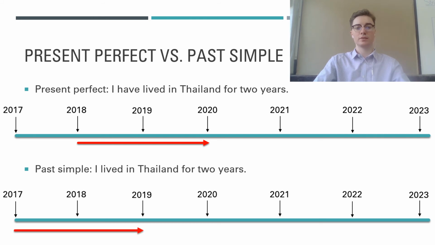So if you say, I lived in Thailand for 2 years, it means that you do not live in Thailand now. Maybe you lived in Thailand in 2010 to 2012. Maybe you lived in Thailand in 1990 to 1992. But you do not live in Thailand now. And that is the difference between the present perfect and the past simple.